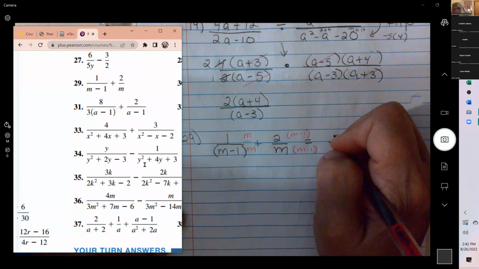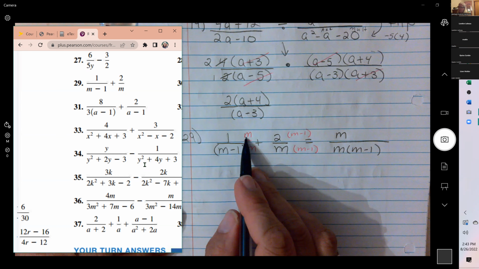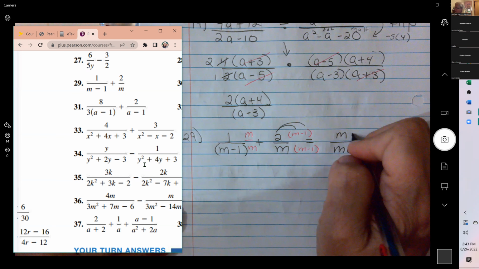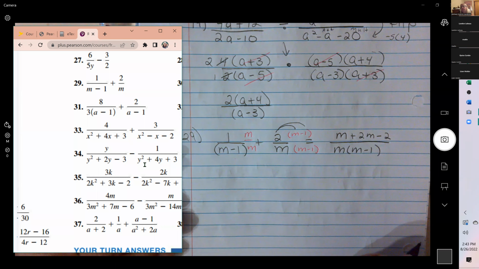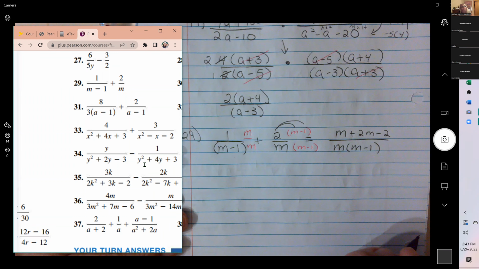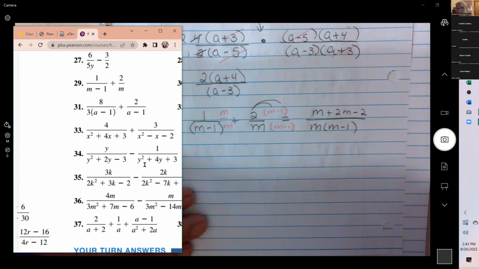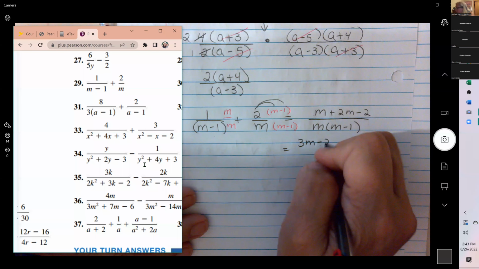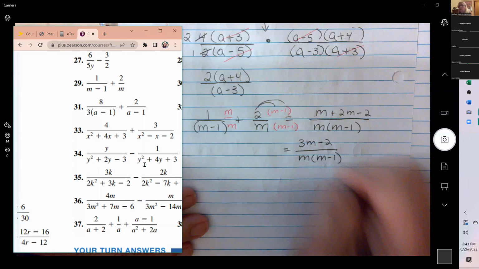So then we have m. For this one, this would be 1m. And then distributing our 2, we have plus 2m minus 2. Now you combine like terms. M plus 2m is 3m minus 2 over m times m minus 1.